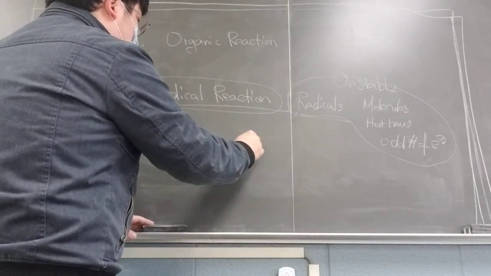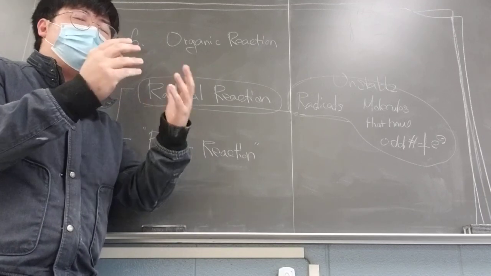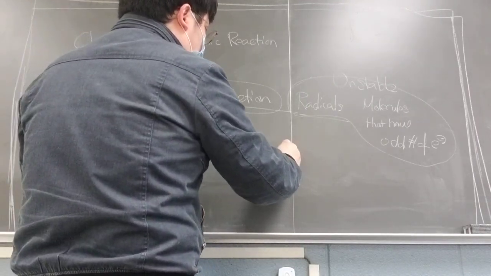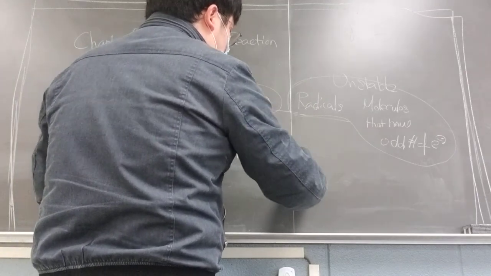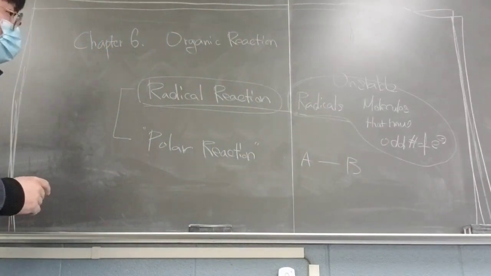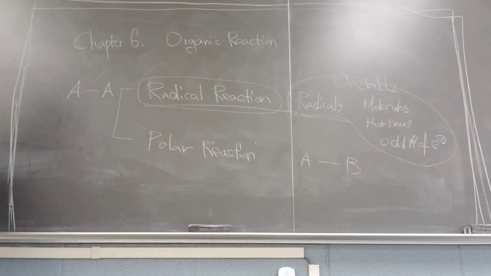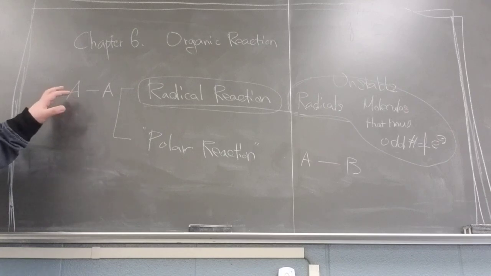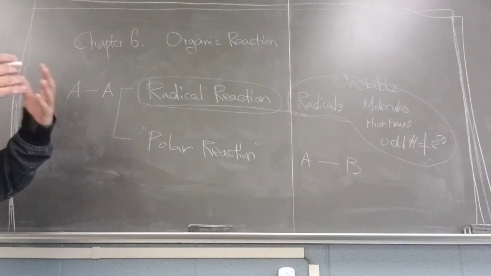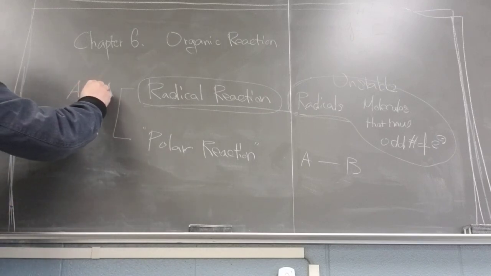The other one is polar reactions. Polar reaction simply means that you have a certain element with a stronger power to pull the electrons toward itself, so it ends up fully charged with a pair of electrons. So let's say this is A and B. If you have radical reactions like here, A and A, the same chemical elements or elements with similar electronegativity, when they break apart, they do it this way.